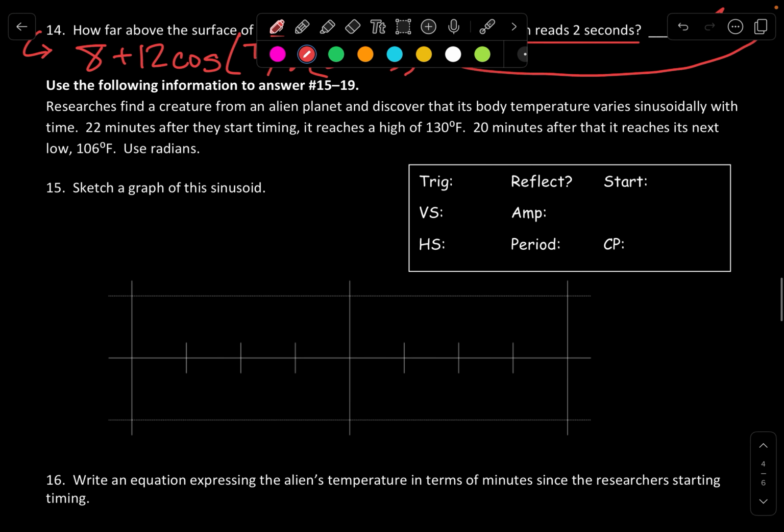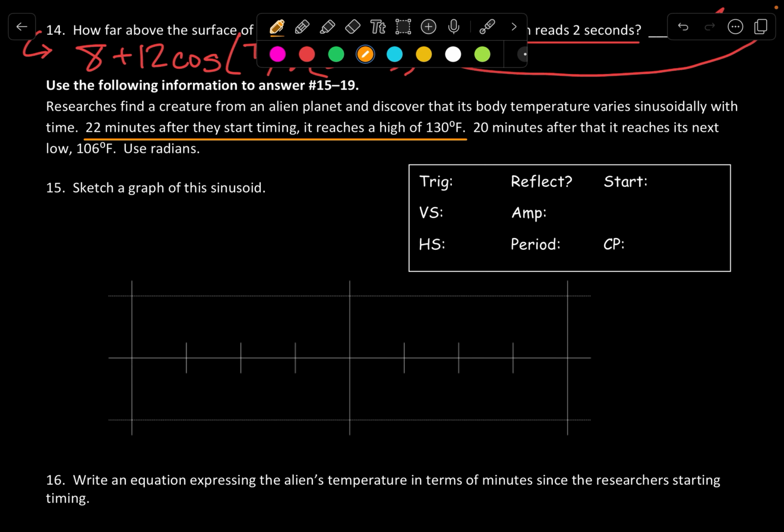All right, last section, 15 through 19. It said researchers find a creature from an alien planet and discover that its body temperature varies sinusoidally with time. 22 minutes after they start timing, it reaches a high of 130 degrees Fahrenheit. That is a major clue right there.